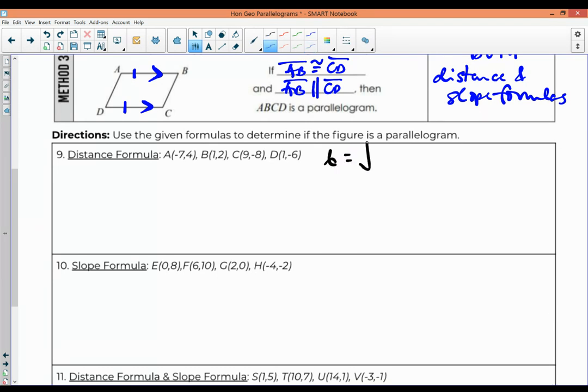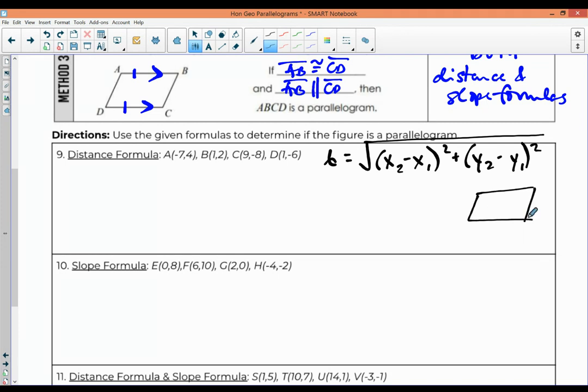So the distance formula is the square root of the difference in the x's squared plus the difference of the y's squared. So looking at this, the quadrilateral is ABCD. Maybe we could just sketch that out and see what that looks like.